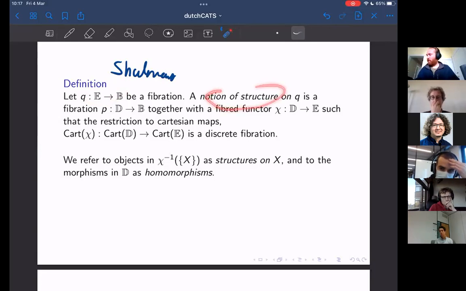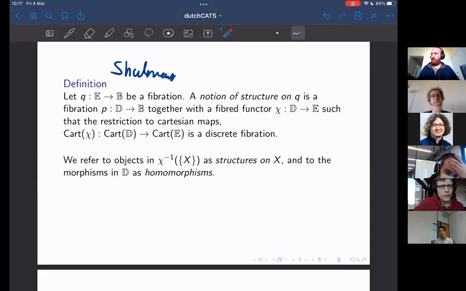a notion of structure is another category D together with a functor chi from D to E. By fibered functor, I mean that it commutes with the fibrations and it preserves Cartesian maps.